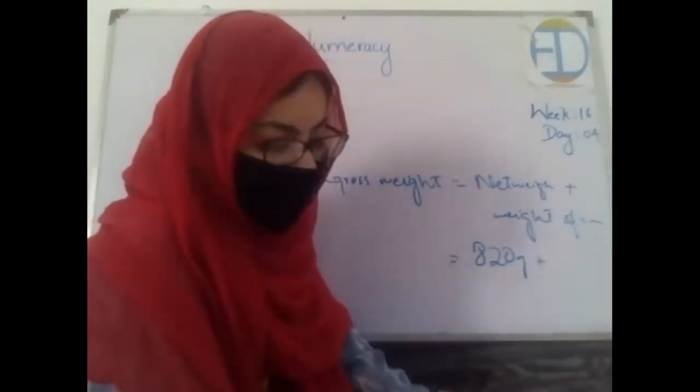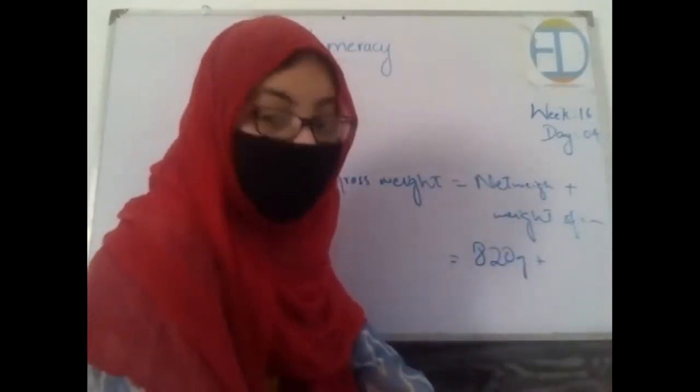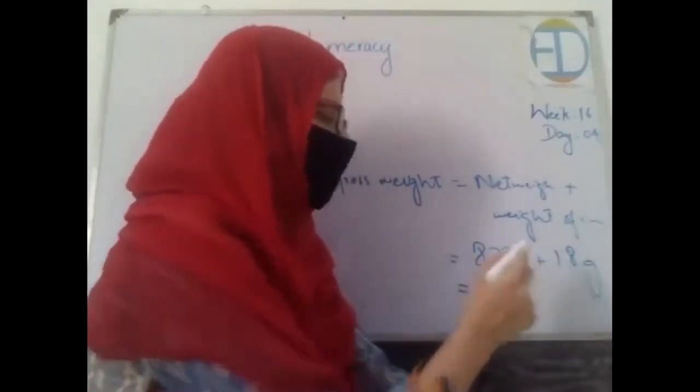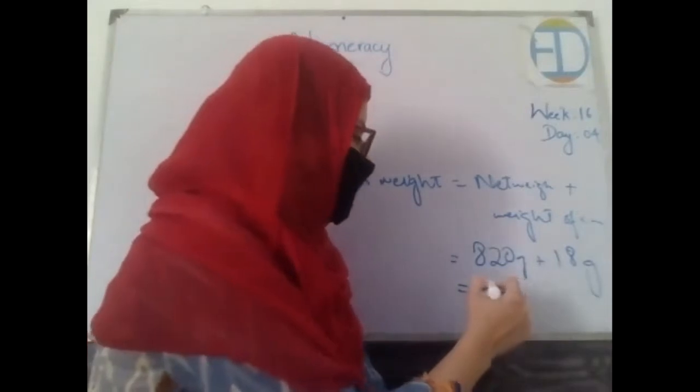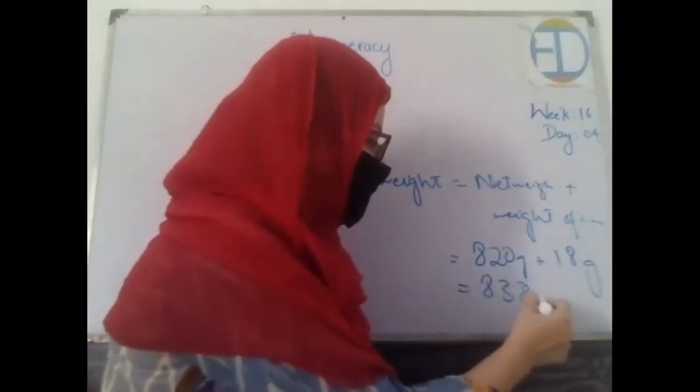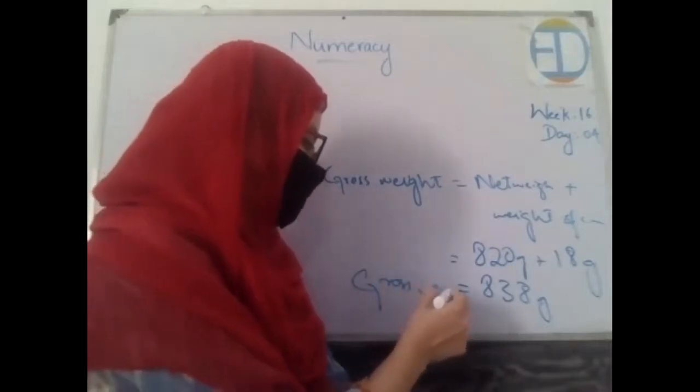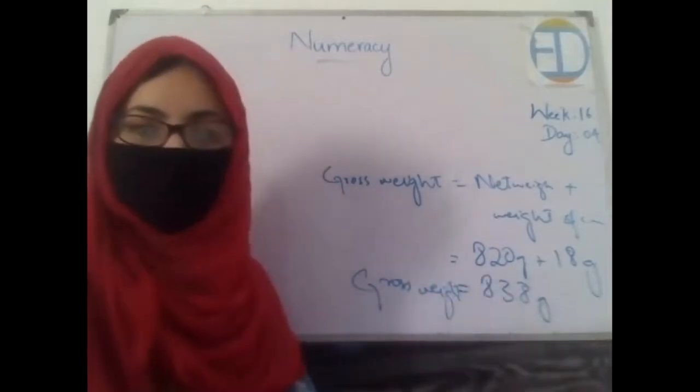Plus what is the weight of the can? It is 18 gram. So we will add both of them. 820 plus 18 equals 838 grams. So this is the gross weight of the tin of peaches.